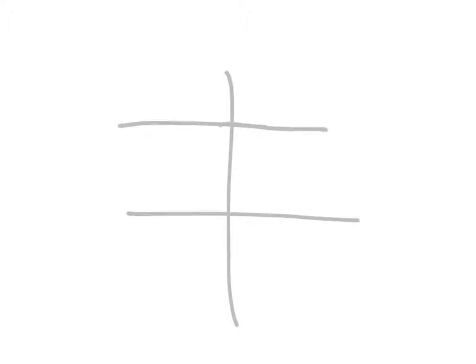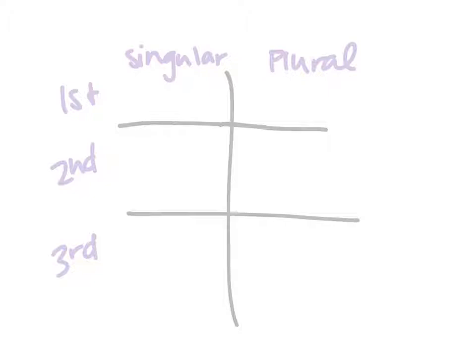So we're looking at pronouns right now. I'm going to make a little chart here. So in English, what do we have? We have singular and we have plural. We have first person pronouns, second person pronouns, and third person pronouns.